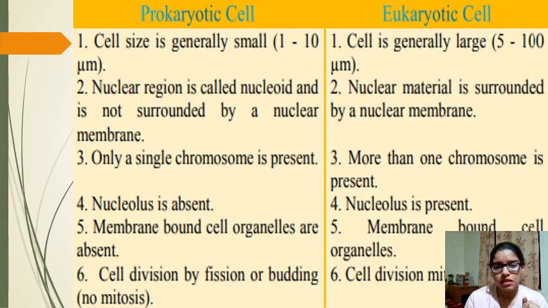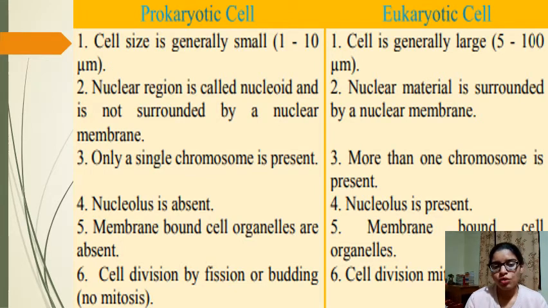This is the detailed difference between prokaryotic cell and eukaryotic cell. If we talk about the prokaryotic cell, the cell size is generally small, and the nuclear region we call the nucleoid. In prokaryotic cells, cell organelles like mitochondria, chloroplast and nucleus are absent.